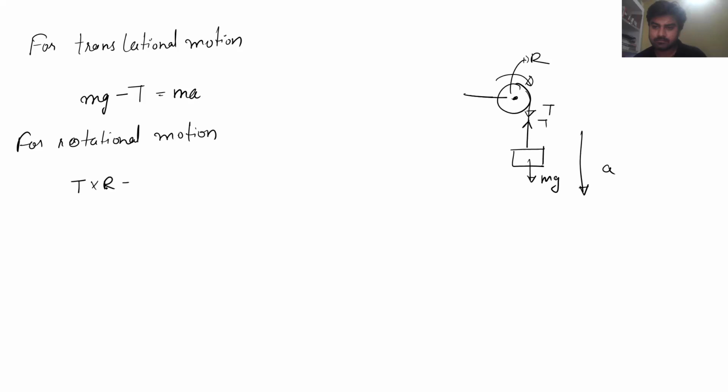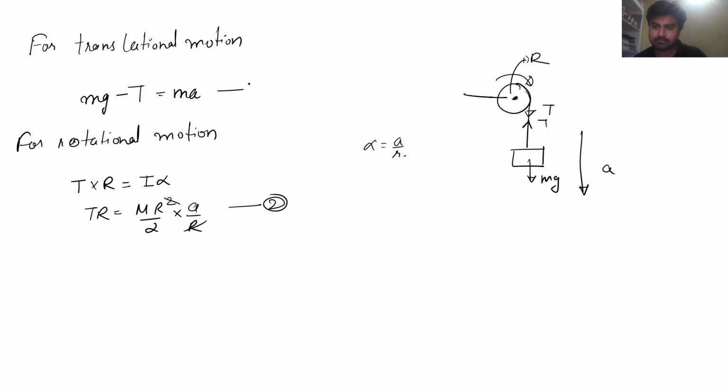This will rotate this pulley, that is I alpha, right? Now this is a disk. So the moment of inertia is Mr square by 2. So Tr is equal to Mr square by 2 into alpha. I can write alpha is equal to A by R. So A by R, R R gets cancelled out. So from here, okay, this is the second equation.